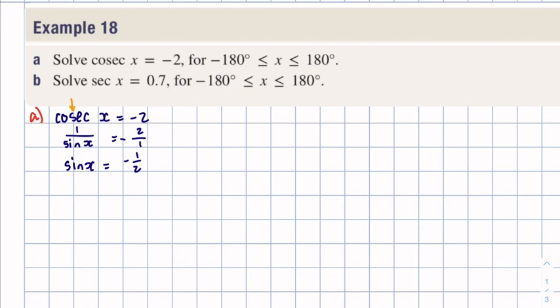So we're actually solving this. So x equals arcsine negative a half. So in our calculator, it's negative 30 degrees. Let's draw it.